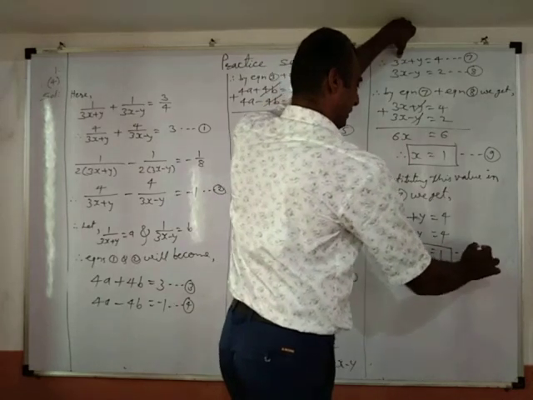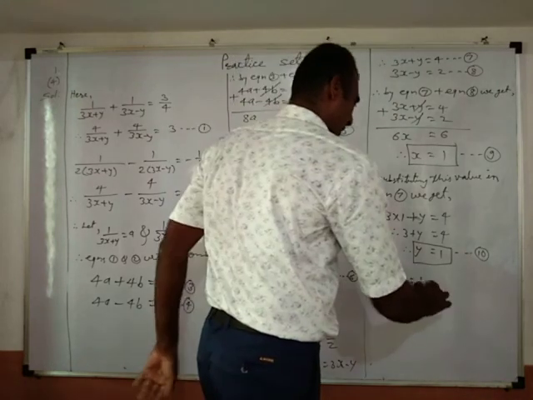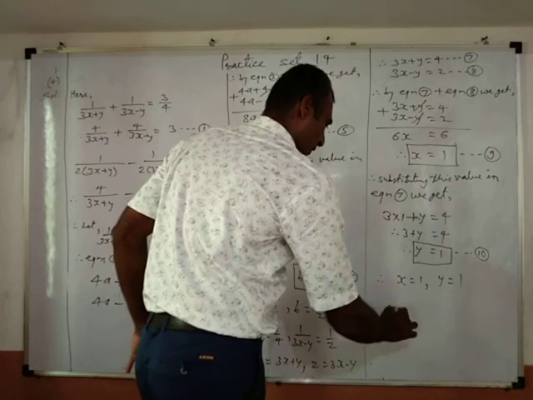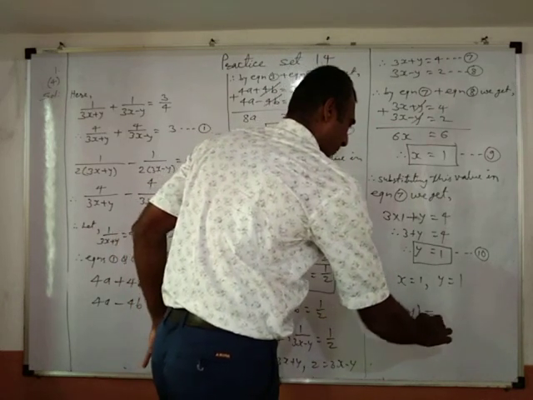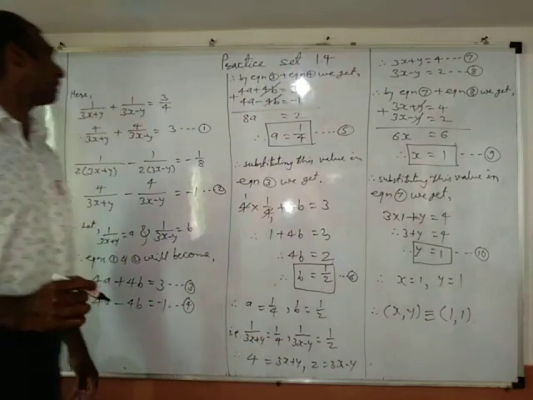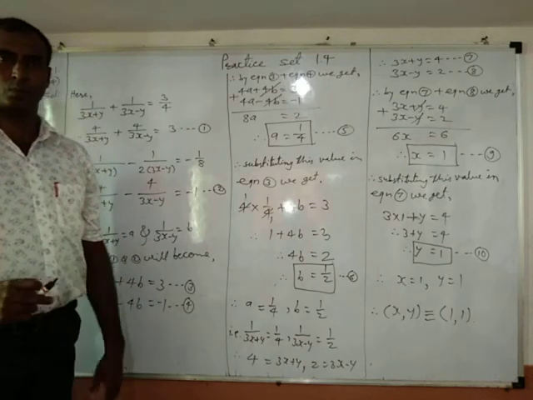Equation 10. Therefore x equals 1 and y equals 1. Therefore solution x, y must be 1, 1. Therefore solution of given pair of simultaneous equations is x, y is 1, 1.